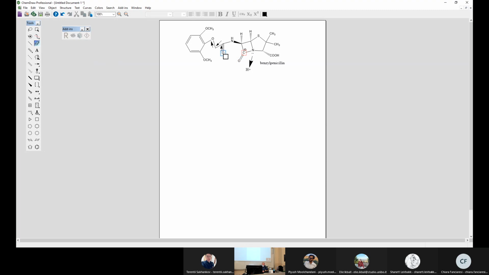And this oxygen is no longer able to attack the carbon atom of the beta-lactam ring.